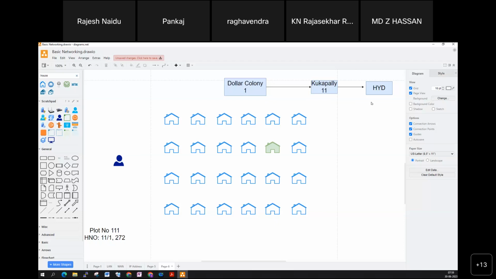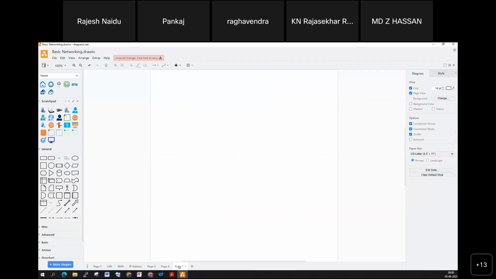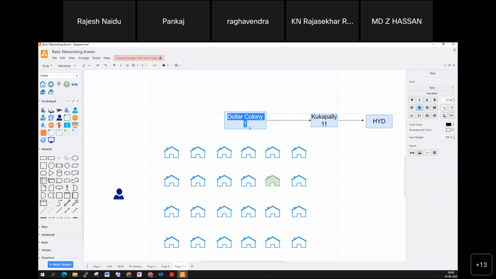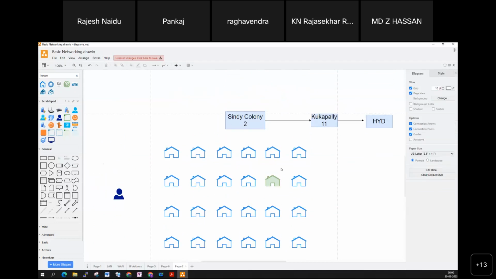Similarly, I'm taking a copy and I'm going to paste it here. Number 2, this is Cindy Colony, and this is 2. This is one more example.